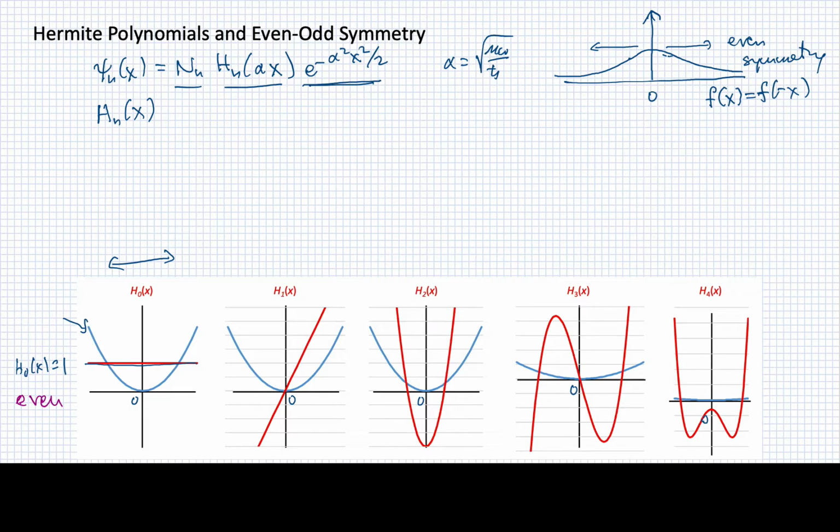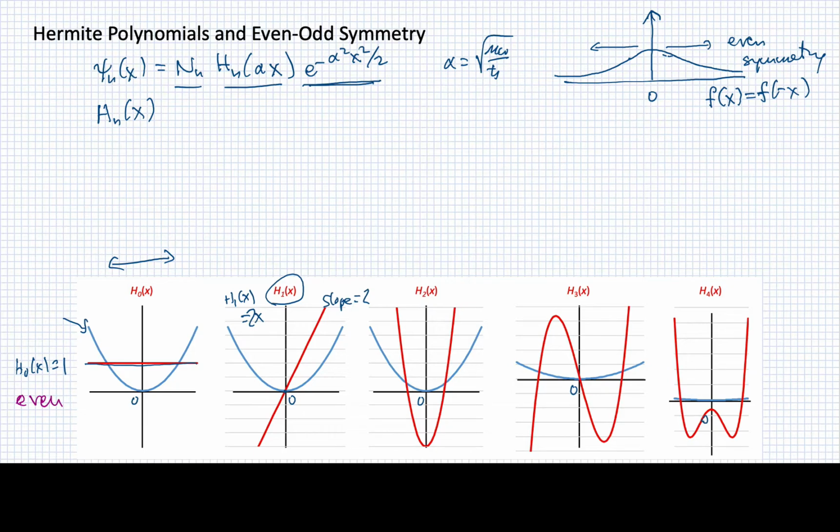When we get to H1 of x, as labeled up here at the top, it's really just a line, and it's a line that goes through the origin because it's equal to 2x, so when x is equal to 0, the function is equal to 0. It's just a line with positive slope of 2.